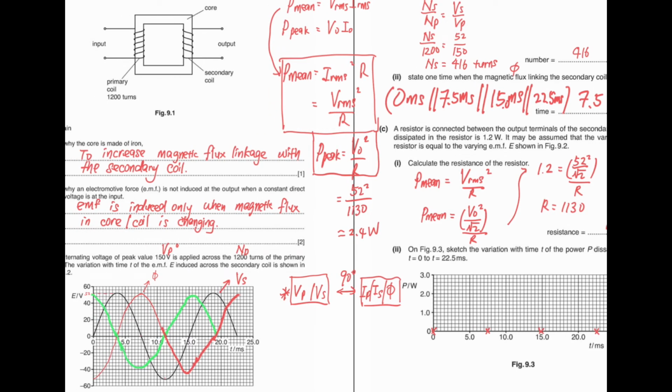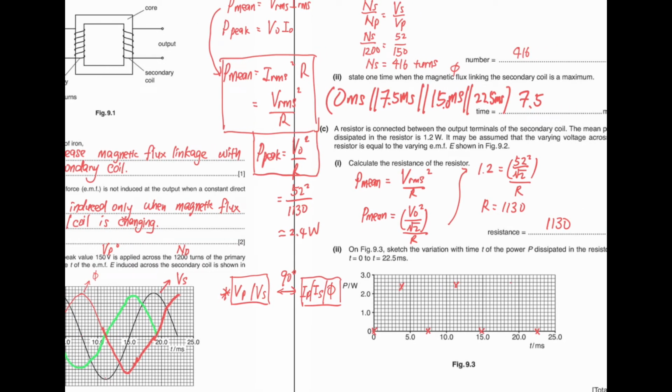Then it reaches maximum in the middle at about 2.4, and 2.4 again, and 2.4 again. So it's always positive because there's a square there. And we get the graph.